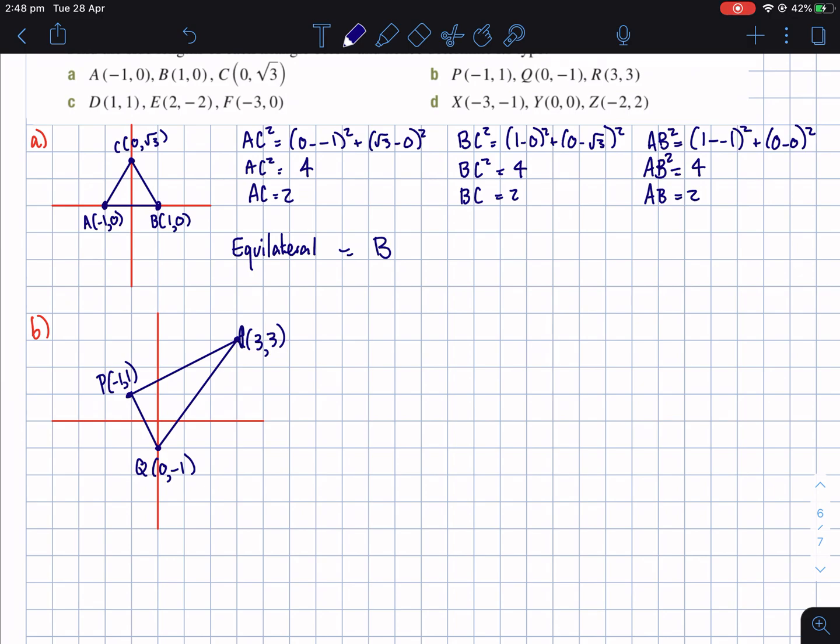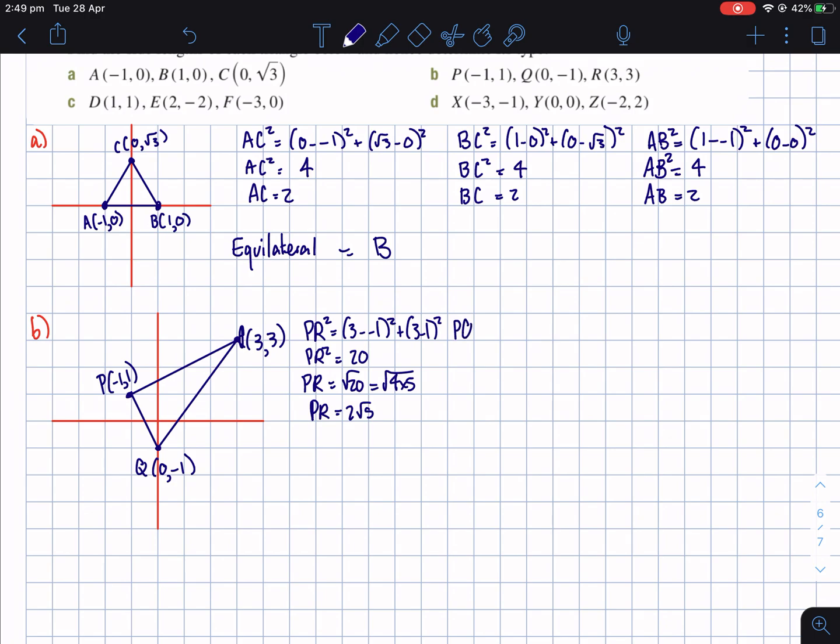So let's see. PR squared equals 3 take -1 squared plus 3 take 1 squared, which is 4 squared plus 2 squared, 20. So PR is √20, which is √4 times 5, so that's 2√5.